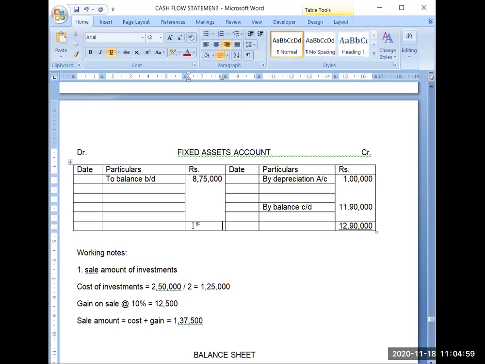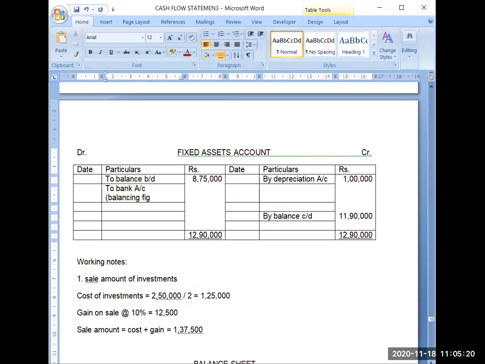We will write this total on the debit side again because it is short. So this entry will be to bank account, and again it will be a balancing figure. And please try to practice them also neat and clean. Don't make rough formats.